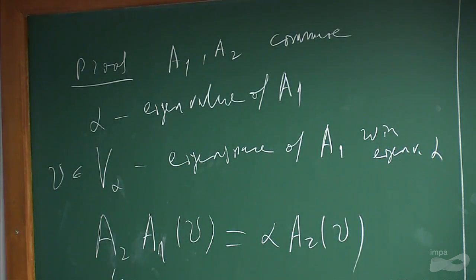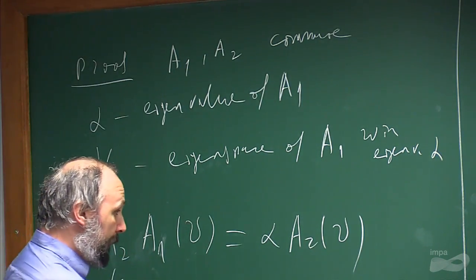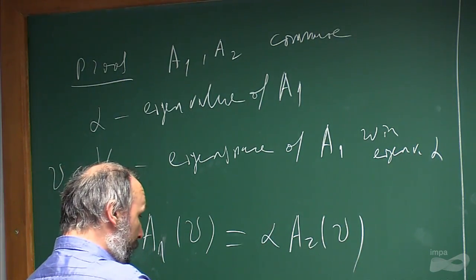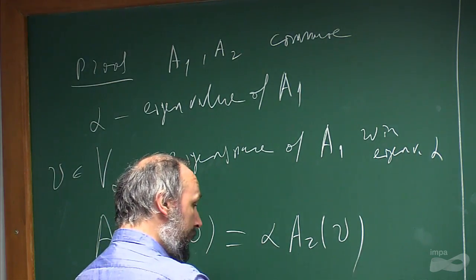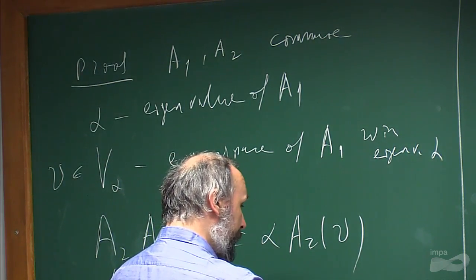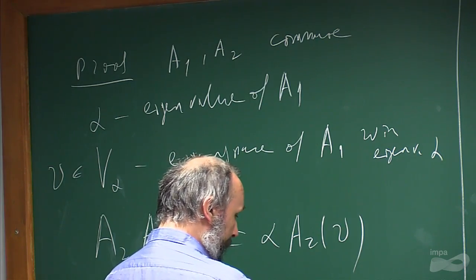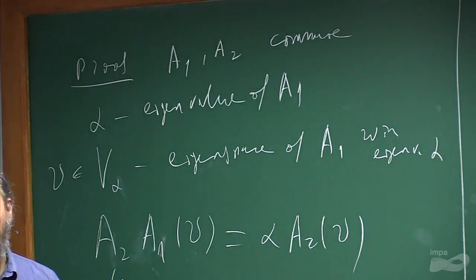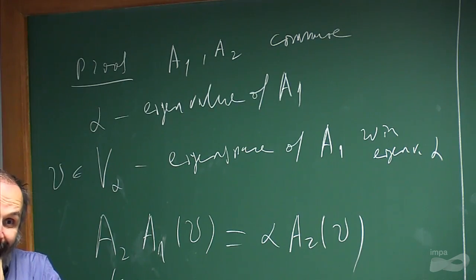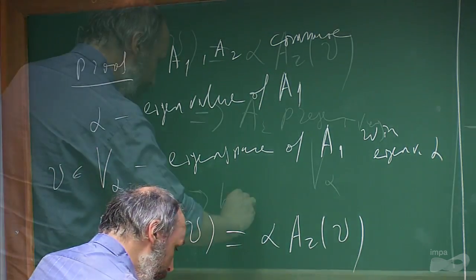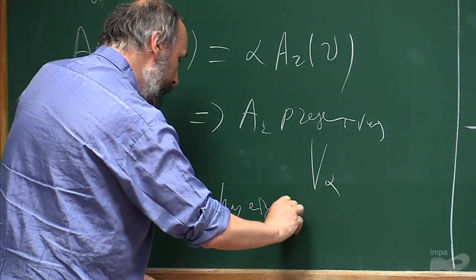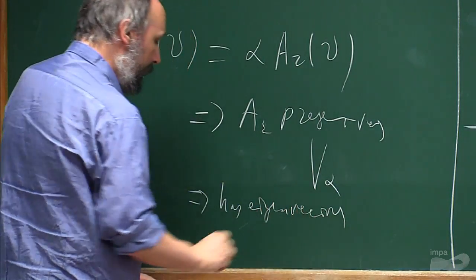You see, A1 A2 v is the same as alpha A2 v. This means that A2 preserves V_alpha, and then it has an eigenvector.